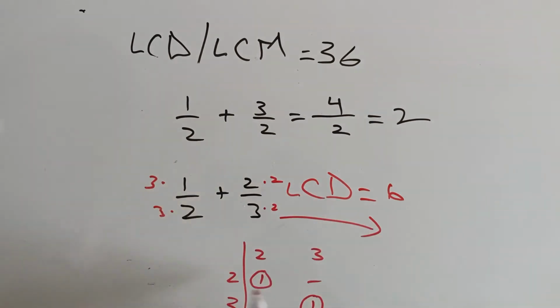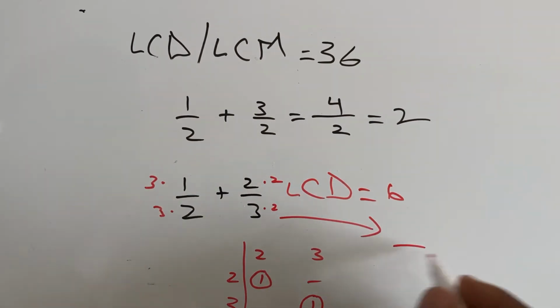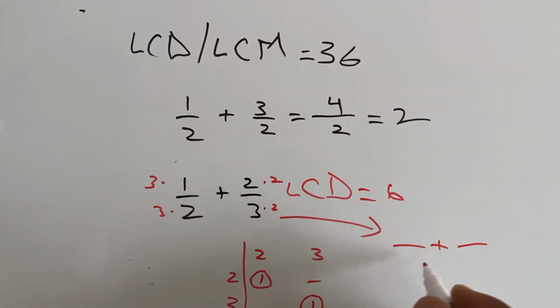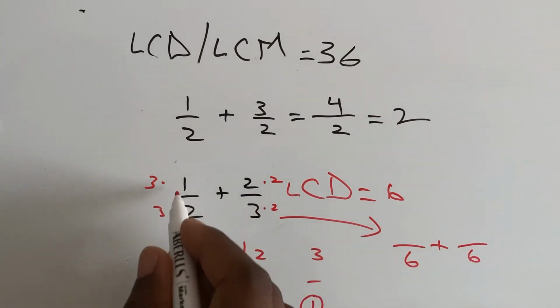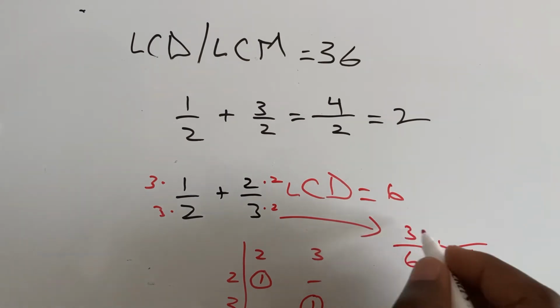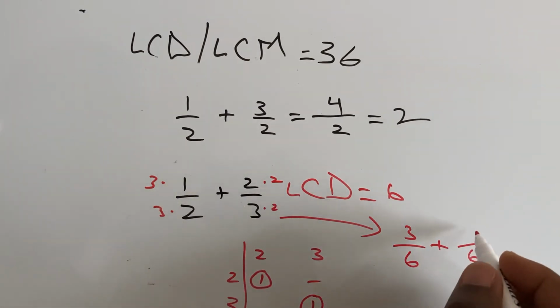Therefore, the top by 2, because we're trying to get 6 as the denominator. In both the first fraction and the second fraction, I'm going to get 6 in the denominator. For the first one, the numerator will be 3. 2 times 2, for the second numerator will be 4.